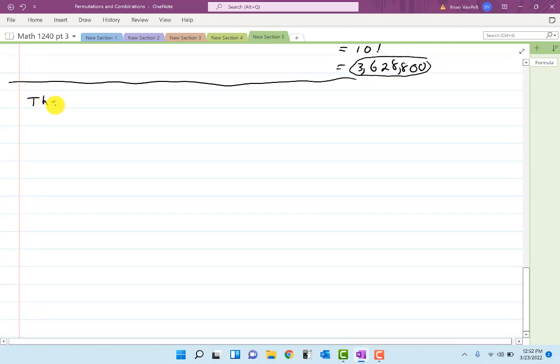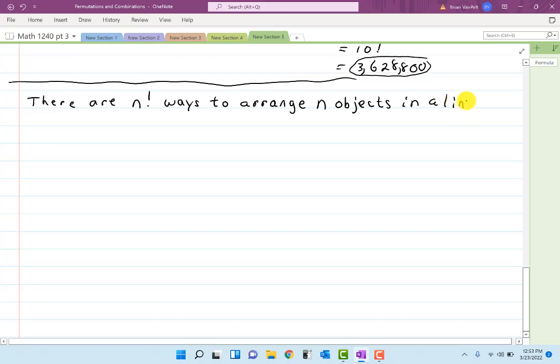There are n factorial ways to arrange n objects in a line. Chuck has 5 trophies.